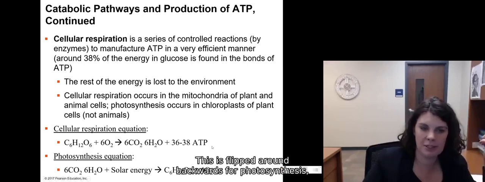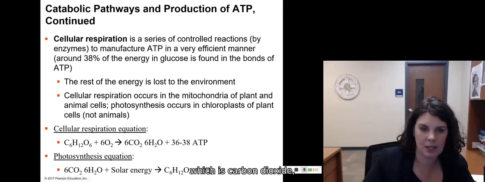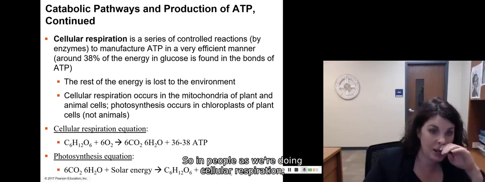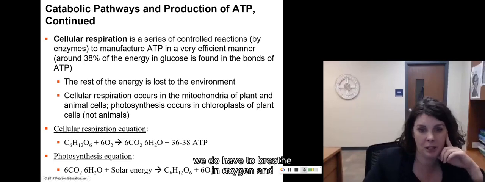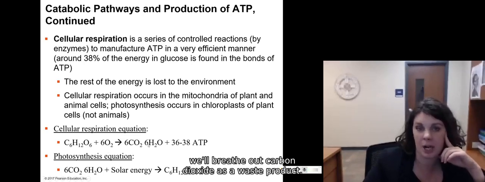This is flipped around backwards for photosynthesis, which is carbon dioxide, water, and energy combined to make glucose and oxygen. So in people, as we're doing cellular respiration, we do have to breathe in oxygen and we'll breathe out carbon dioxide as a waste product.